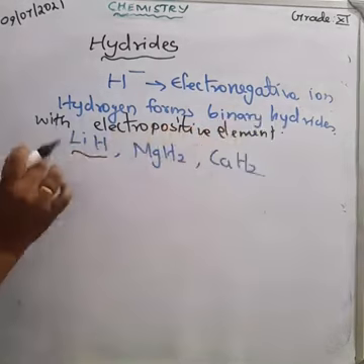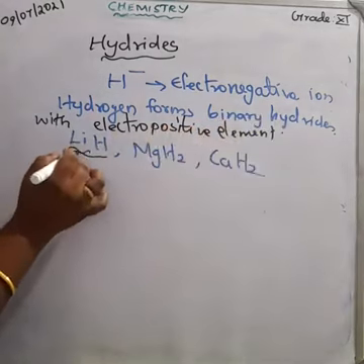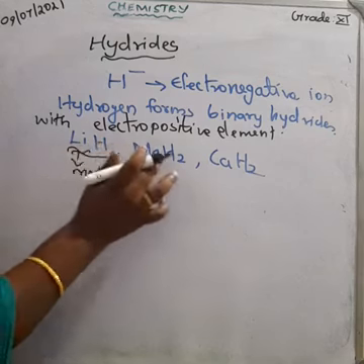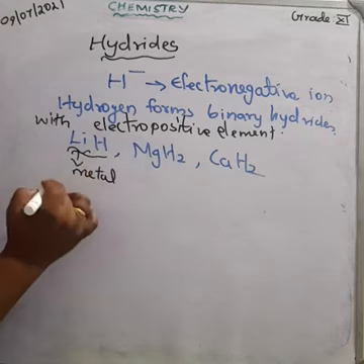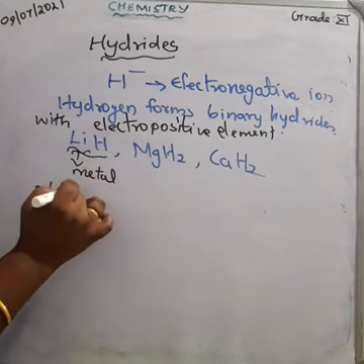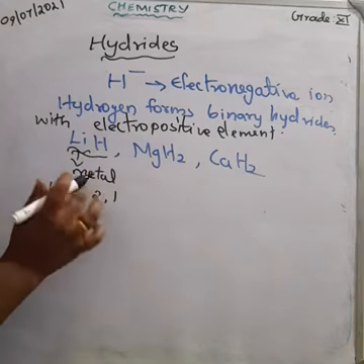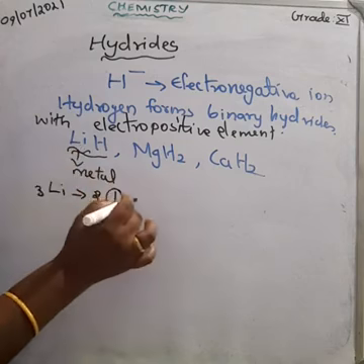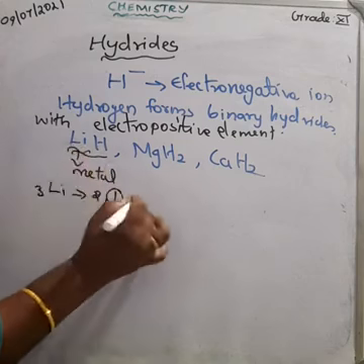Lithium is one of the metals. It is an electropositive metal because it donates an electron. Lithium has atomic number 3 and electronic configuration 2,1. So it always likes to donate this electron and becomes Li plus, the lithium cation.